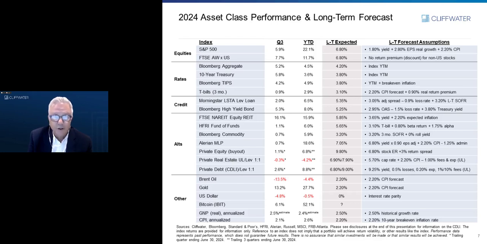As in past years, non-U.S. stocks have lagged pretty significantly. Despite these strong returns, our long-term expected return actually has gone up quarter over quarter. We're showing 6.8. We showed 6.7% last quarter.